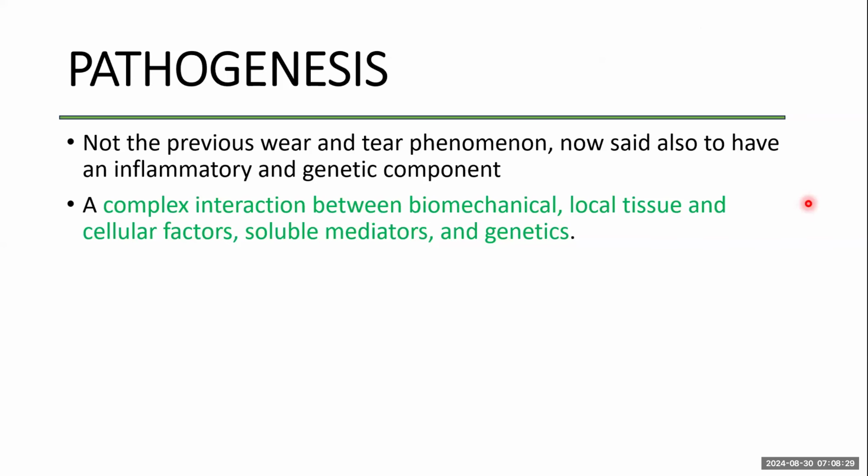So the key note is the fact that the pathogenesis of osteoarthritis has changed over the years. Previously said to start from a wear and tear phenomenon, but now it's been shown that it has both inflammatory and genetic components, most especially the neutrophils, although they might still look normal on the full blood count assay when we check.